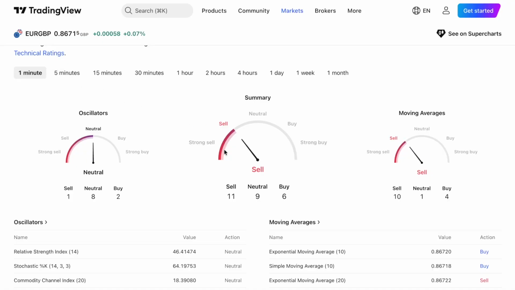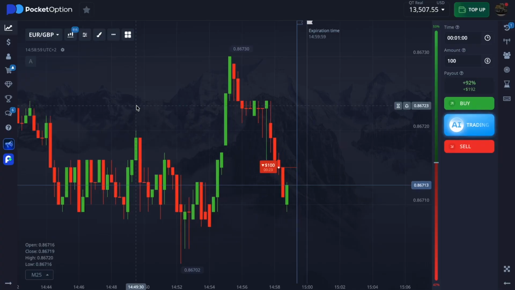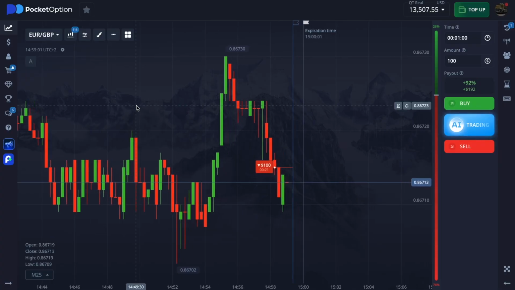Here, I update the technical analysis because if I just leave the page like this, my technical analysis won't update by itself. To see the current summary, I go back, set it here for 5 minutes and then return for 1 minute. Only after this can I be sure that I am now seeing the current technical analysis.